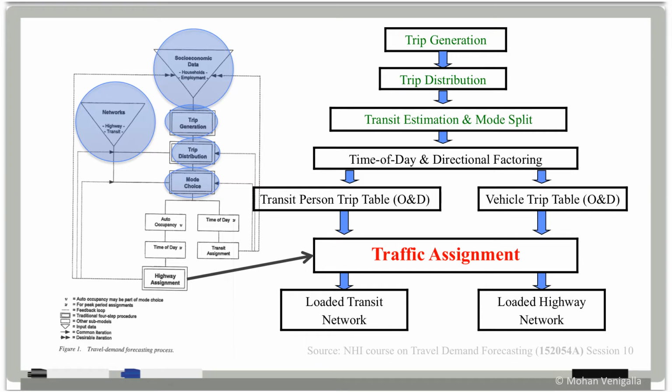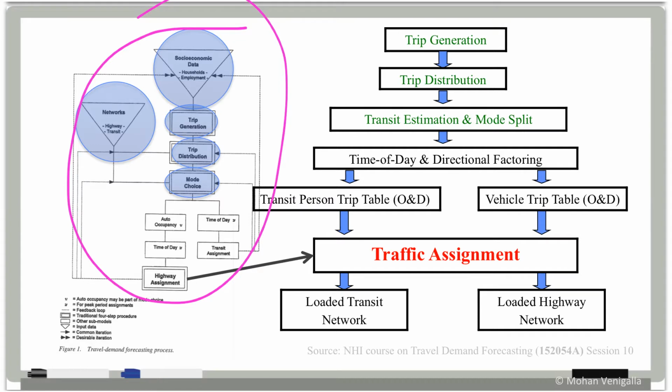By now you probably are sick of this particular drawing here, which I keep forcing onto you at the beginning of every module. We talked about socioeconomic data, travel surveys, etc., and we talked about networks as a part of module 2, and then we went to module 3 with trip generation, module 4 trip distribution, module 5 mode choice, and now we have module 5.